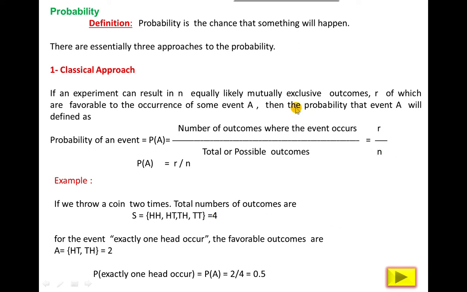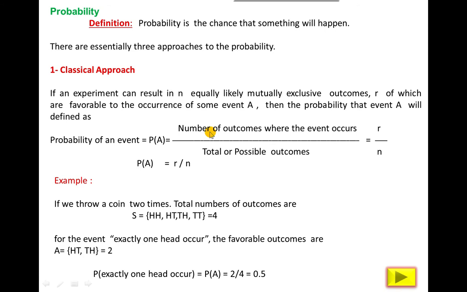So the formula: the probability that event A will occur is defined as the number of outcomes where the event occurs, divided by the total possible outcomes. The number of outcomes where the event occurs is represented by small r, and the possible outcomes by small n.